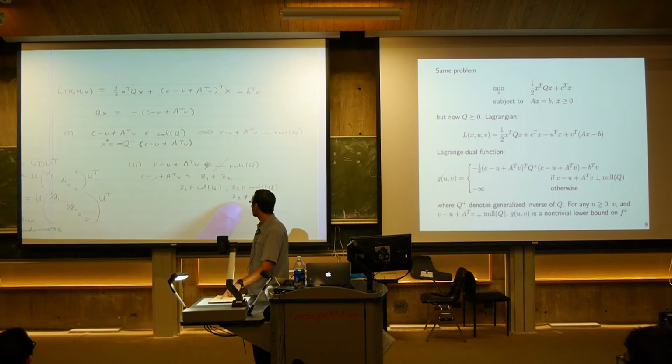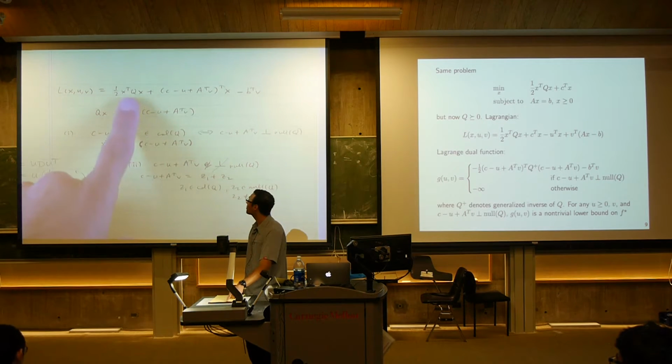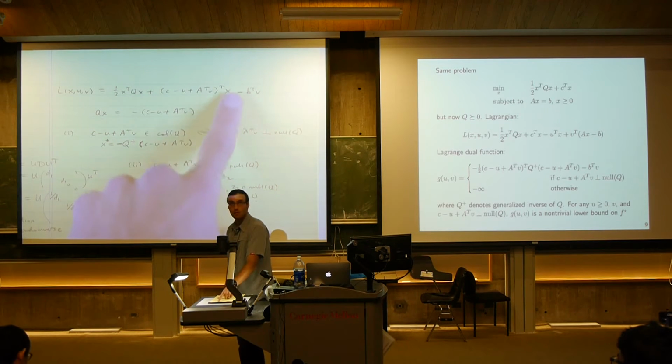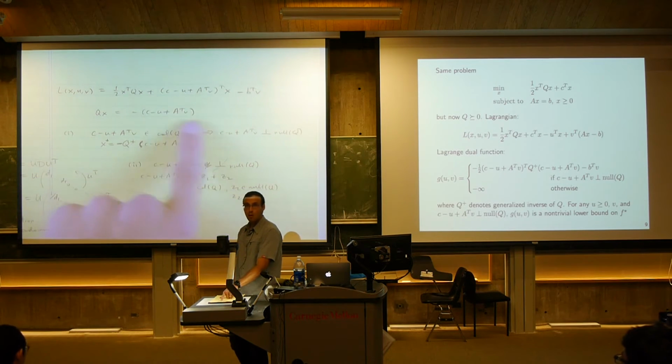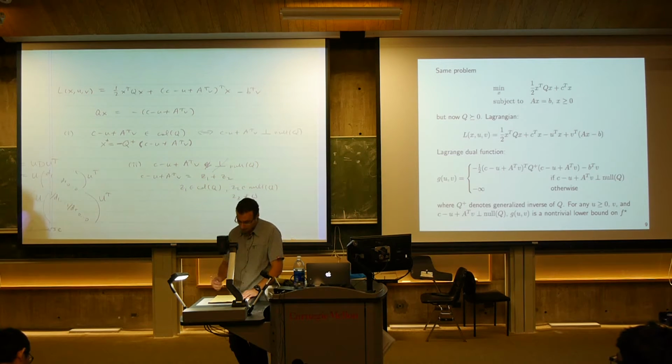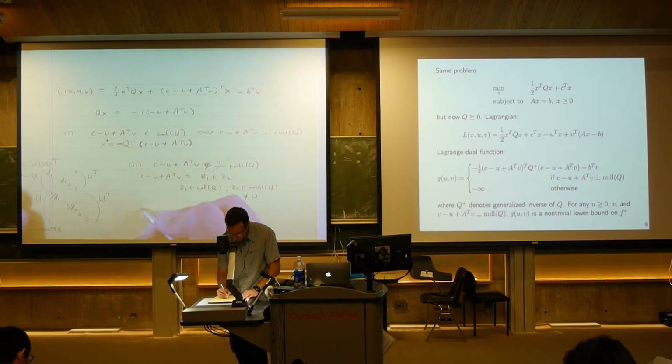If I take x to be some scalar multiple of, say, Z2, then this term is 0, because by definition of the null space, Q times Z2 gives me 0. But this term is not 0. That's the key. If I take x to be some scalar multiple of minus Z2, I can drive this term all the way to minus infinity. So the Lagrangian, if I minimize it over all x, is just minus infinity.